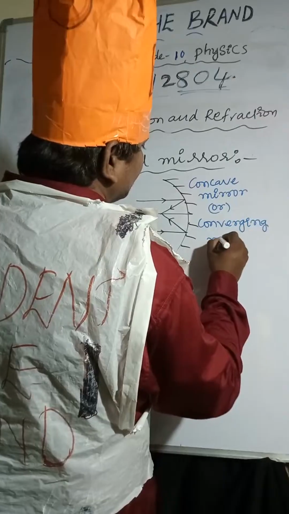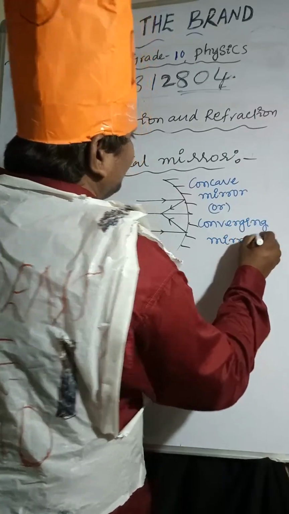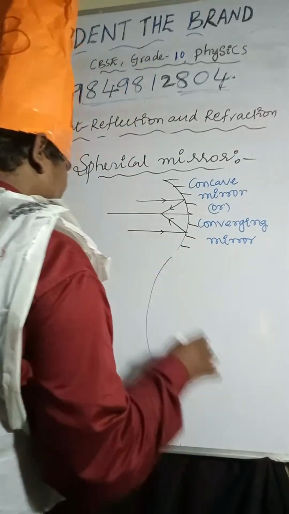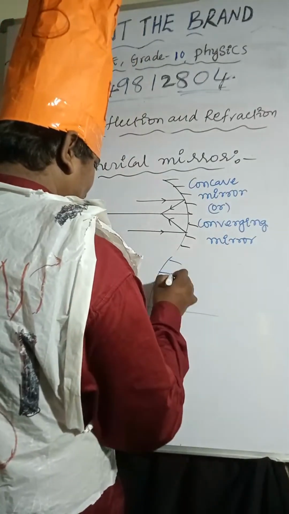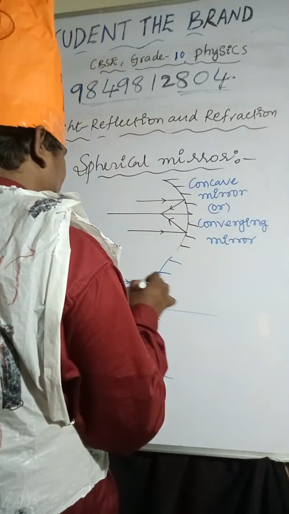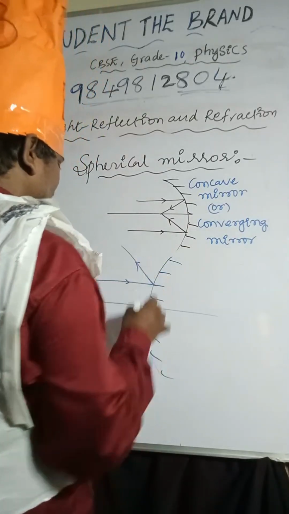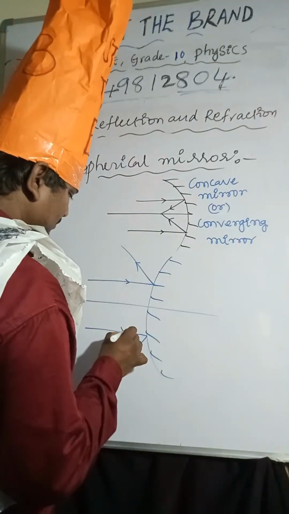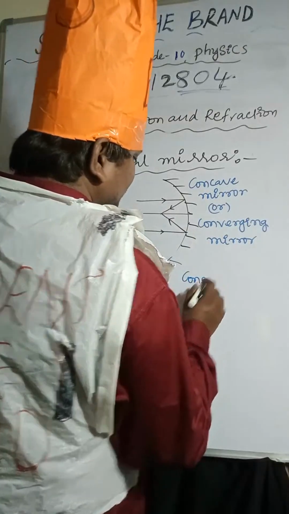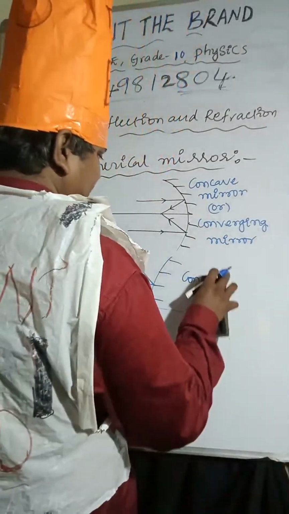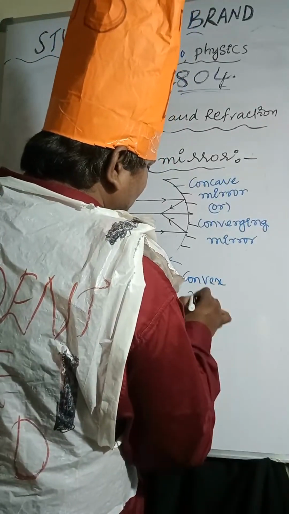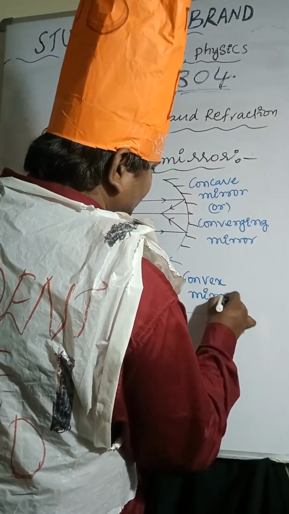And the convex mirror is also known as diverging mirror.